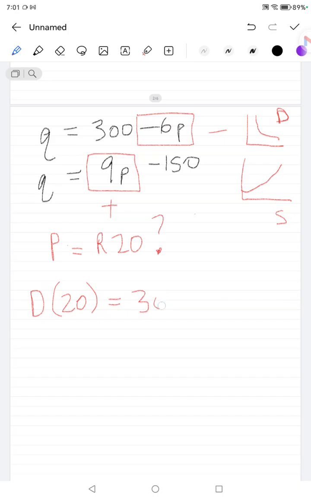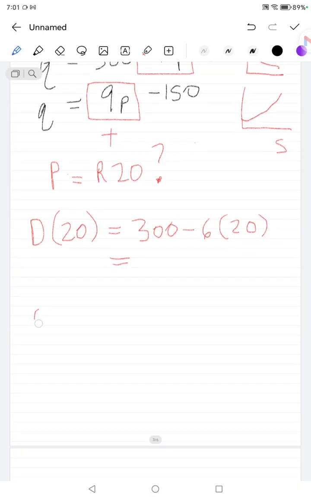So we have 300 minus 6 into 20. Can someone calculate that for us? Then we check the supply: if we have a price of 20 Rand, then we have 9 into 20 minus 150.